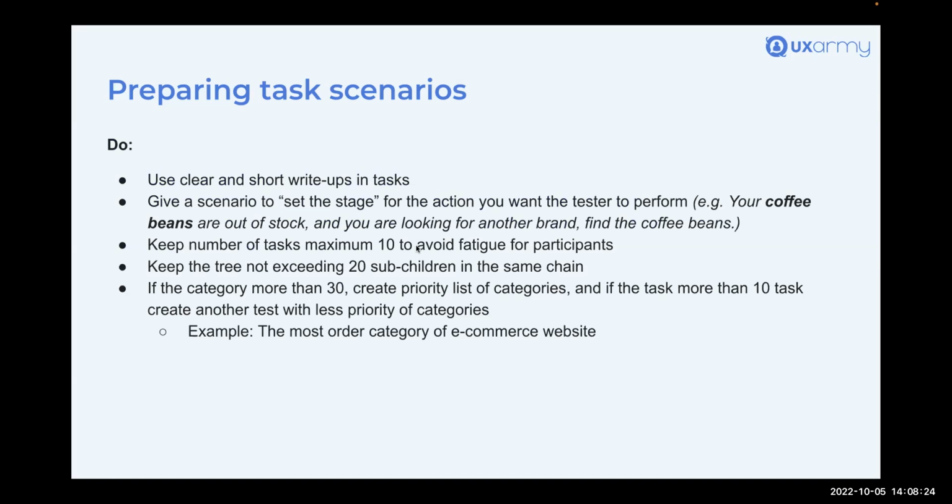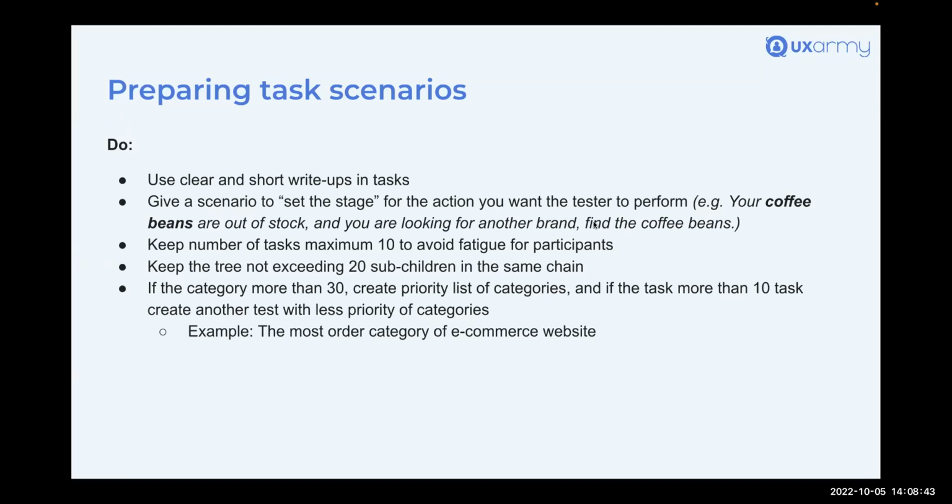Please do use clear and short write-ups in tasks, to engage the participant in some sort of scenario. For example, your coffee beans are out of stock in your house, and you are looking for another brand, find the coffee beans.